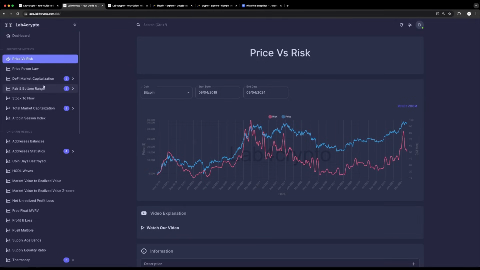But the risk that you see in front of you is something unique that you cannot find anywhere else, because we are the first company that I'm aware of that has a combination of on-chain and off-chain data to give this single risk value that helps you understand where you are now and how you can adjust your portfolio based on risk.